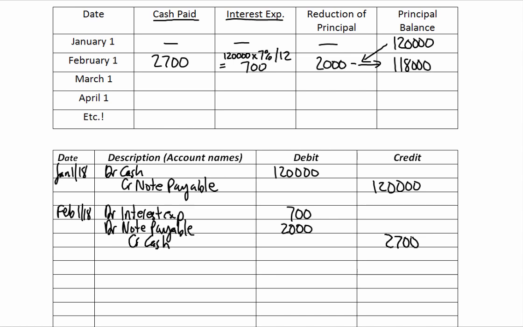All right, fast forward to March 1st. On March 1st, what am I going to pay? Well, I'm going to pay $2,000 of the principal because I've said that I'm going to pay $2,000 of the principal every single month. That's going to leave me at the first day of March with only $116,000. But from February 1st until March 1st, I had the use of $118,000 times 7% divided by 12 months.